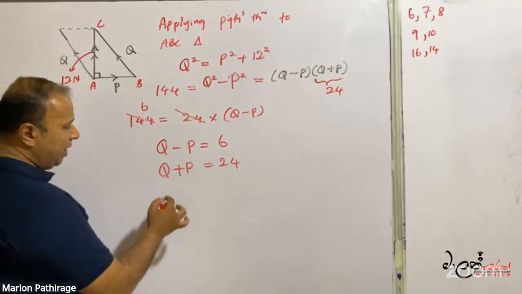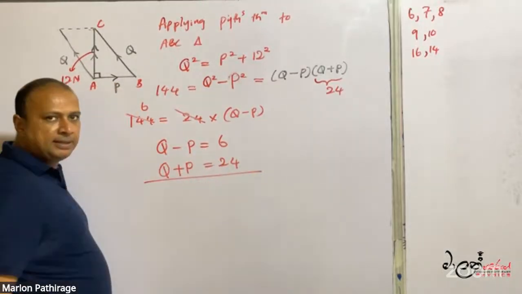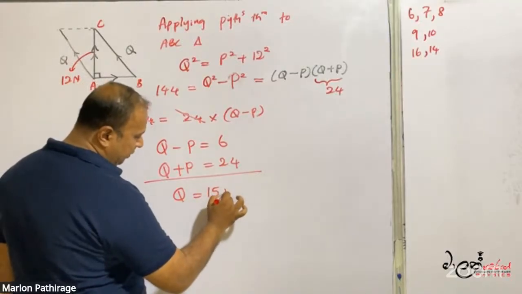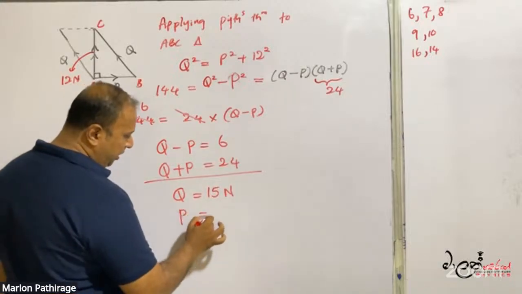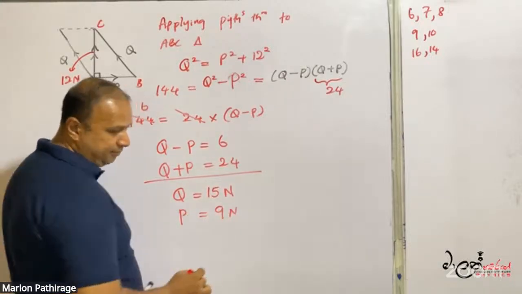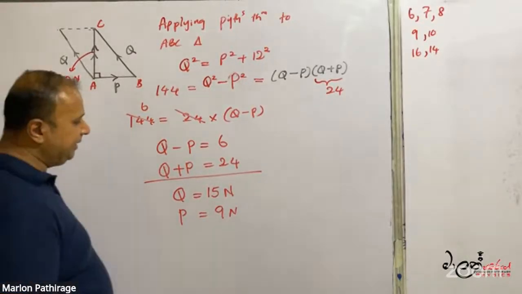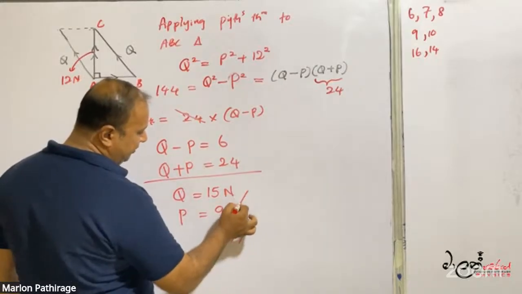If you add these two, 2Q is equal to 30. That means Q is 15 Newton. Therefore, P should be 9 Newton. Those are the two forces.